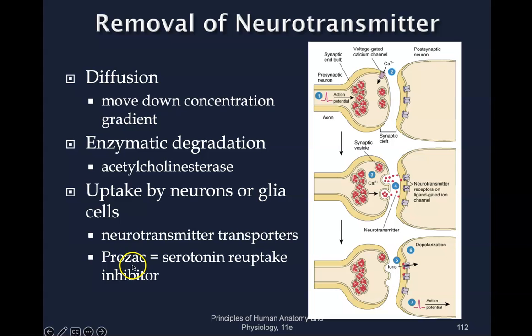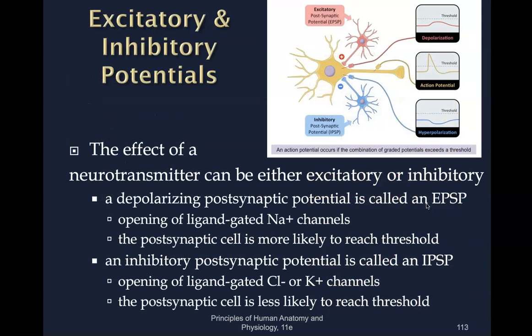So, for example, Prozac is a serotonin reuptake inhibitor, and it prevents the reuptake of that serotonin neurotransmitter and lets it hang out in that synaptic cleft longer and be more available again to bind and continue to cause change. Again, oftentimes depolarization in that postsynaptic neuron. Okay, so those are just the ways that we get rid of neurotransmitter.